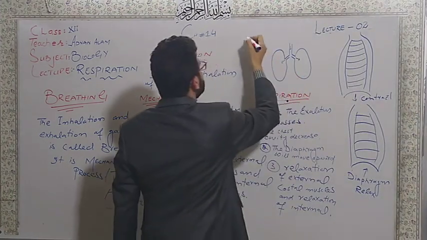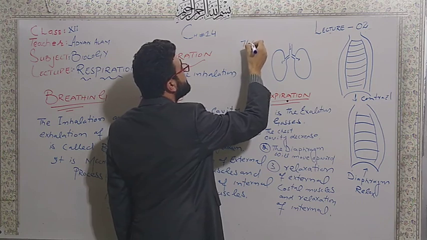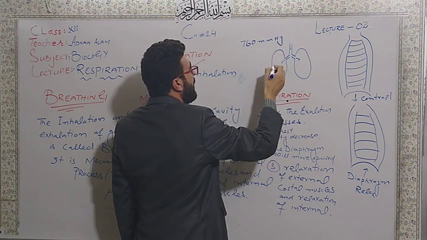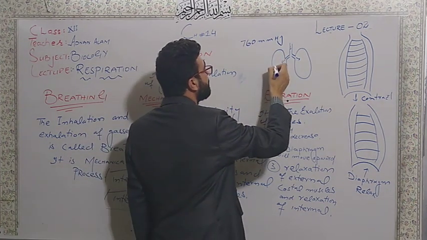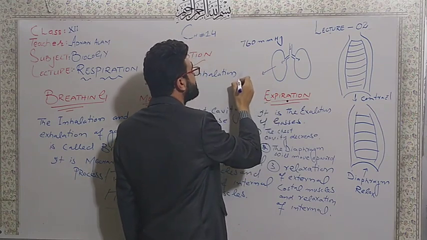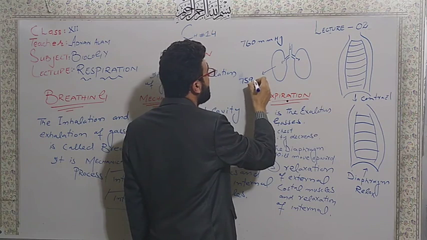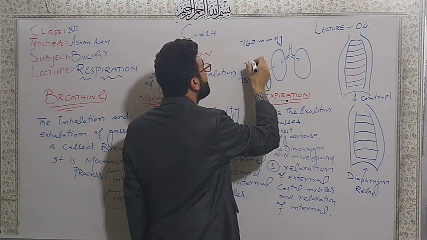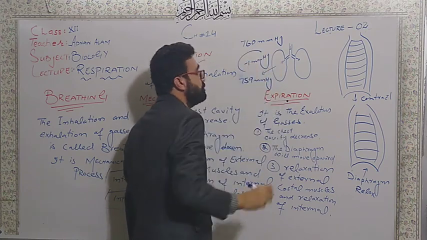The normal standard atmospheric pressure is 760 millimeter of Hg, and when the thoracic cavity increases, in the lungs we are now experiencing 759 millimeter of Hg, meaning a -1 millimeter of Hg gradient is being produced.